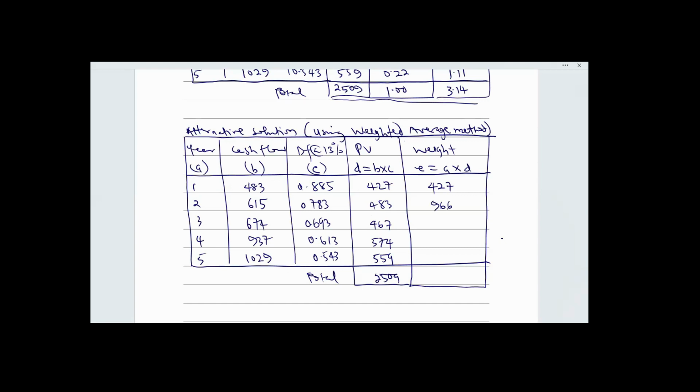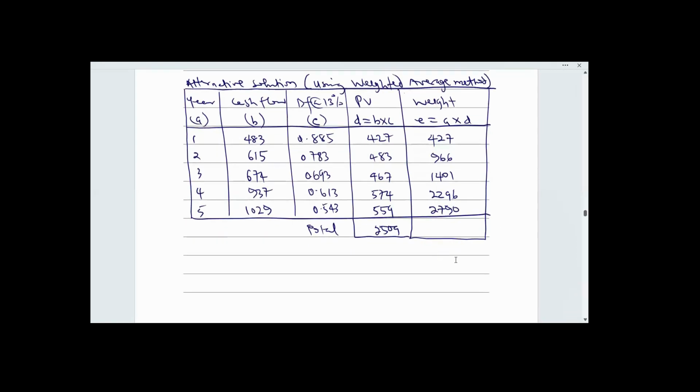The third year, 1401. 2296. 2790. So what's the total? Total weight. So year 5 is 2795.